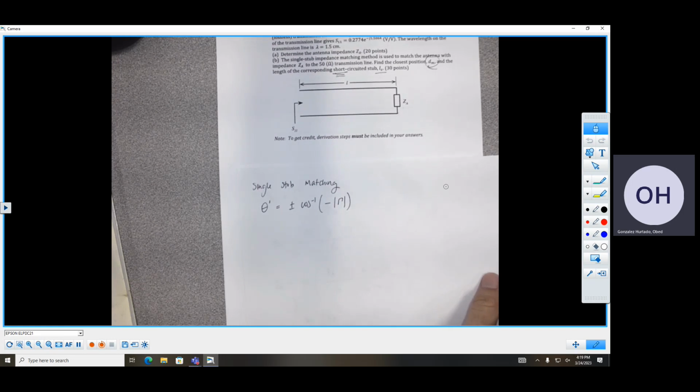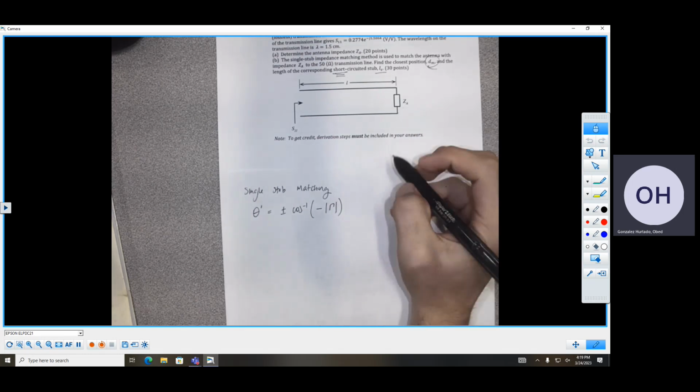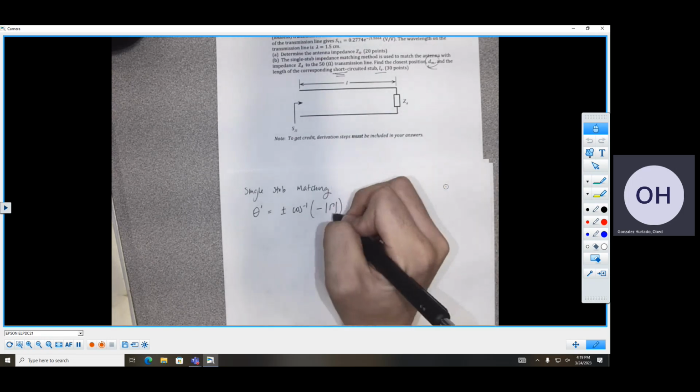You will need the plus or minus. Do you want to make note of that tau was for the load? That one? Yeah, it should be right. It's not the beginning. That one would be ZA minus.